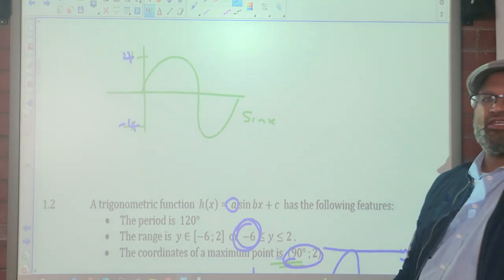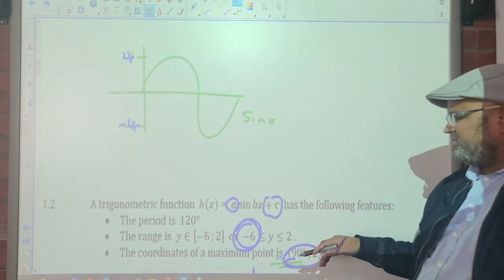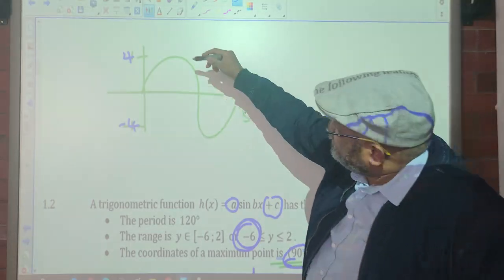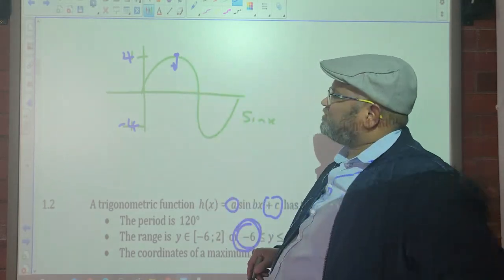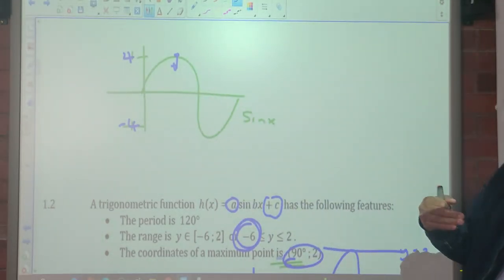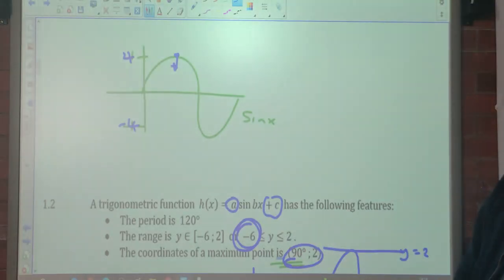Shift the graph 2 units down. That's why the c value is your shift up and down. Or if you're looking at the 2, if that is 4, and I'm going to 2, how do I get from 4 to 2? Shift 2 units down anyway. So either you're looking at the minus 6 or you're looking at the 2. That will tell you the shift of the graph. Okay?